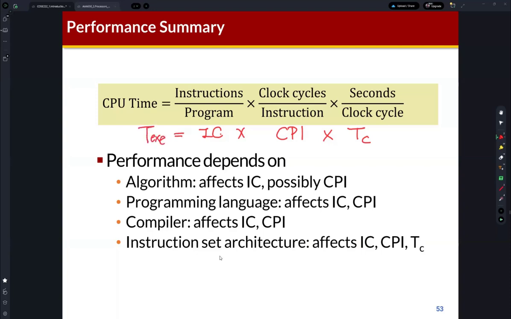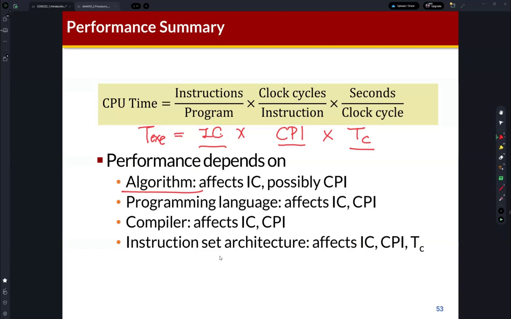And then why do we represent the performance equation like this? Because using the terms of the equation, we can analyze the performance factors in a computer system. For example, algorithm, this is the software part.